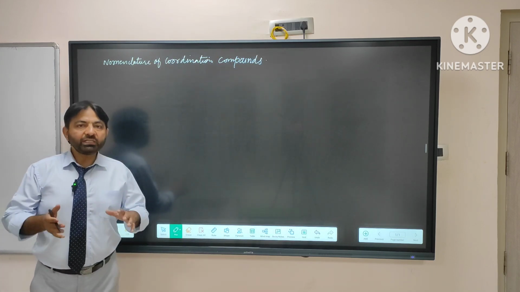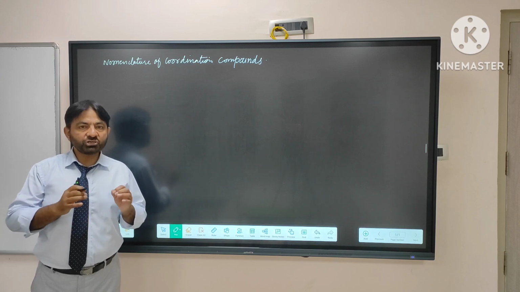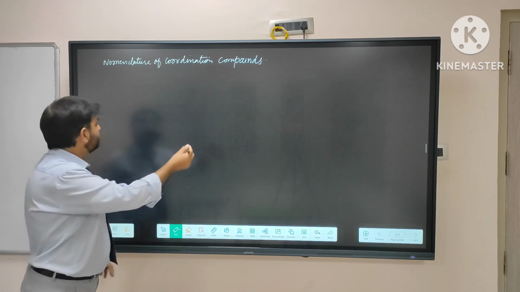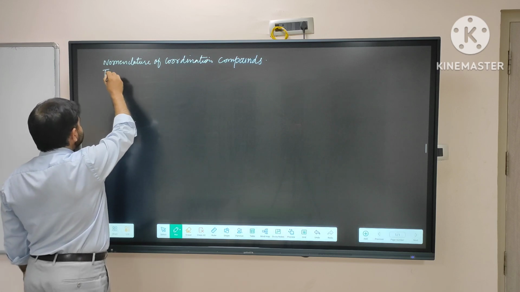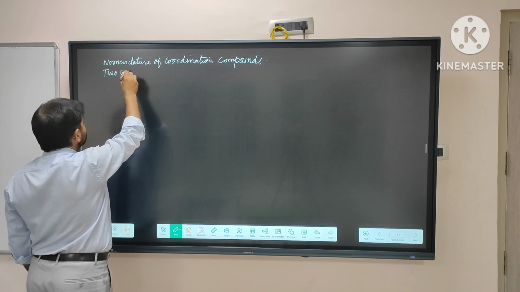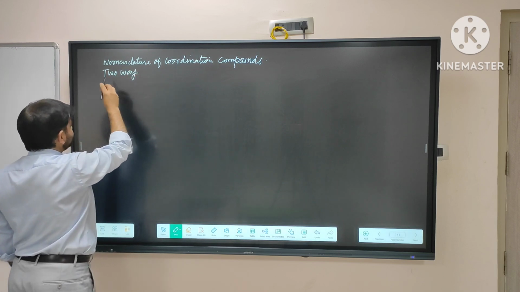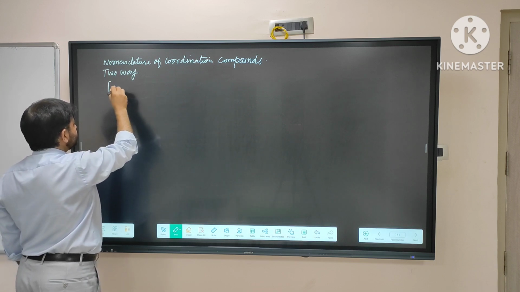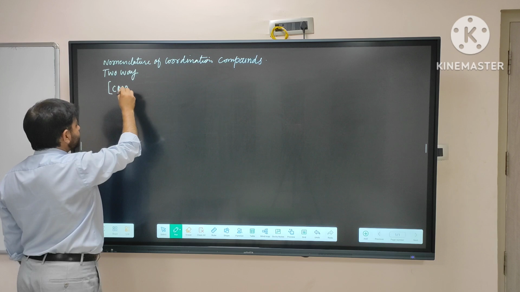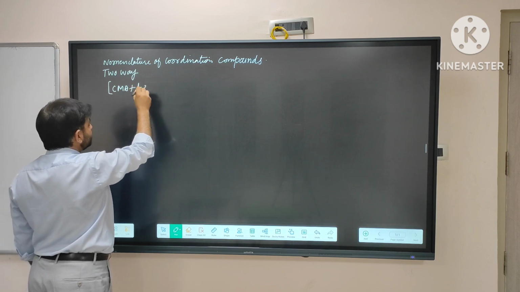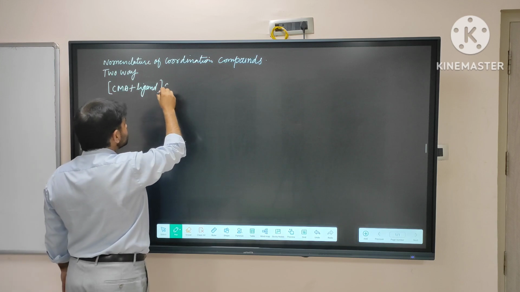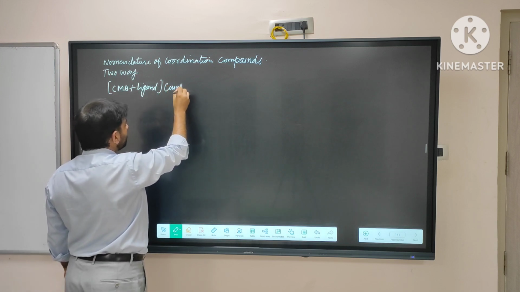So we generally have two common types of coordination compounds. Let's see, we can represent them in two ways. One is like this: you write the coordination sphere here, central metallic atom plus ligand, and then the counter ion.